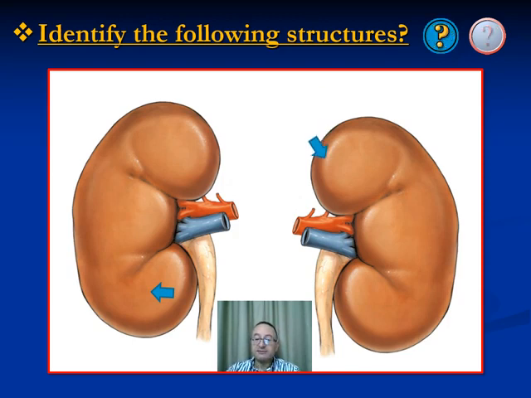Identify. Yes, I'm hearing you. Suprarenal gland. Left. Identify. Yes, this is adjacent to the hilum on the anterior surface of the right side. So it is related to second part of duodenum. Identify.